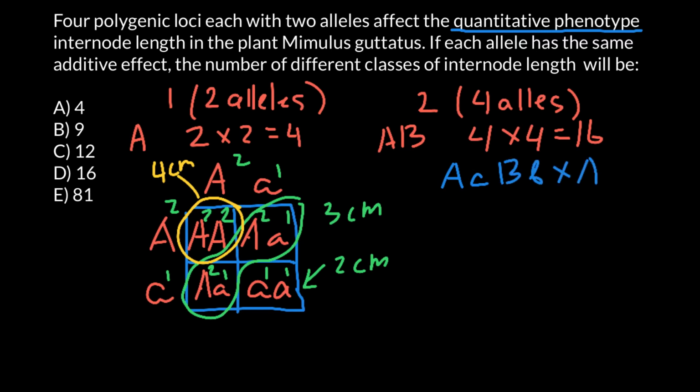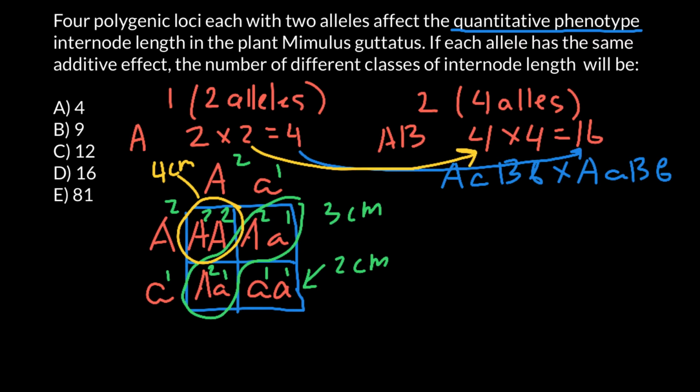If we cross these two genotypes, which we call a dihybrid cross, we are going to get a square which is going to be 4 by 4 with 16 cells. Now you see how our numbers change. For example, from 4, now it's changed to 16. From 2 by 2, it's changed to 4 by 4.